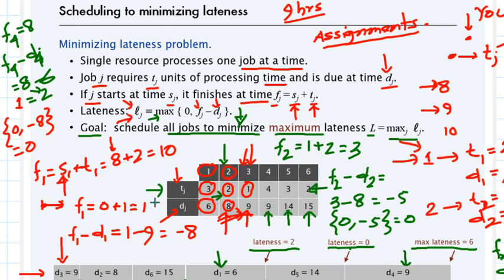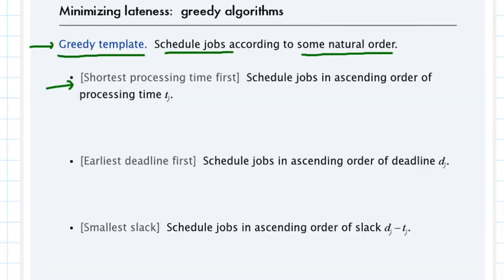With this order we have to consider the jobs. 6 has processing time 3, 8 has processing time 2, 9 has processing time 1, the other 9 has processing time 4, then 14 has 3, and 15 has 2. With that we have to proceed.